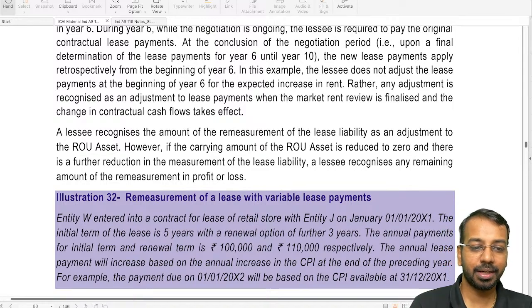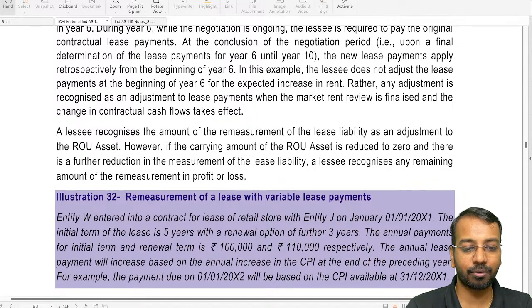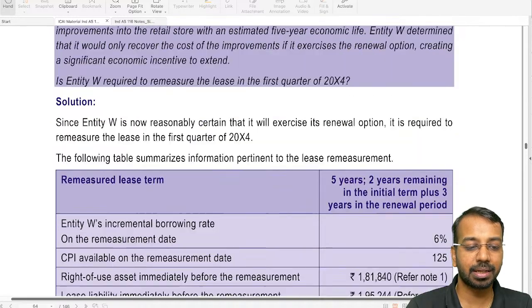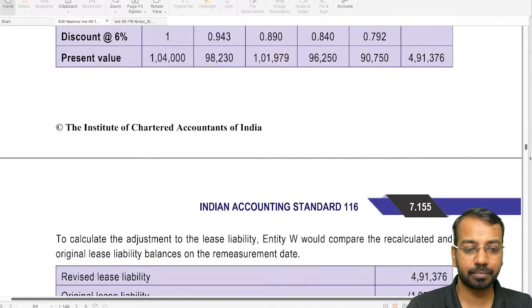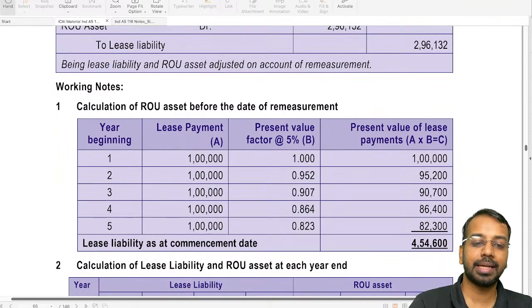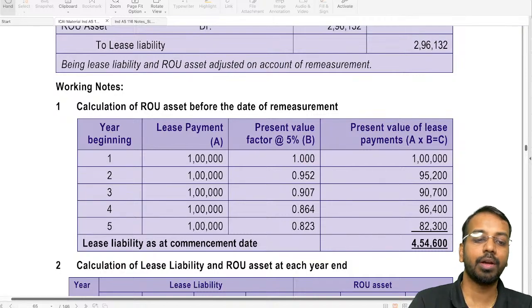So here we are saying the initial lease term is 5 years. Whenever we calculate the present value, we will consider the right of use asset. The way we calculate the ROU asset will be for a 5-year period. Why a 5-year period?